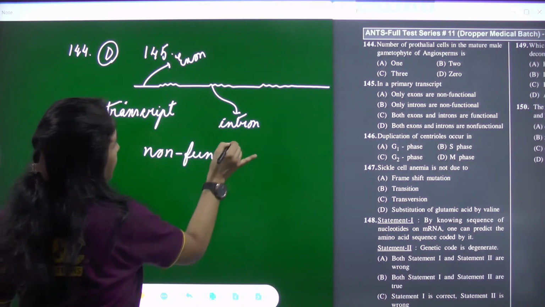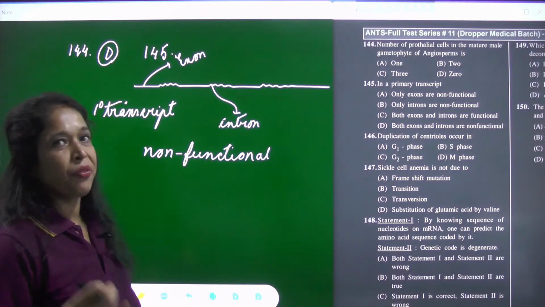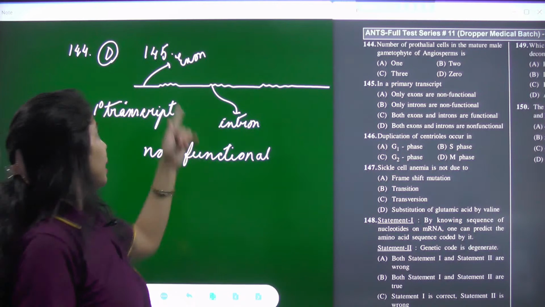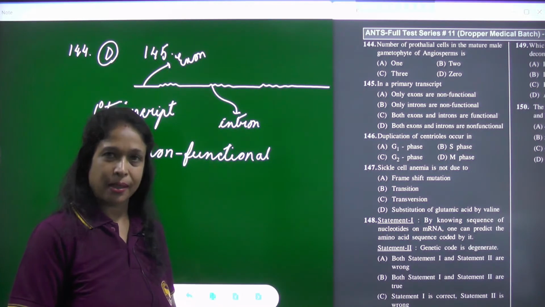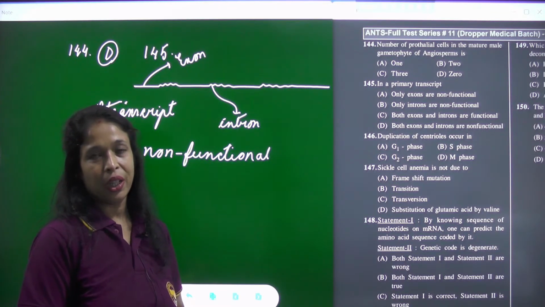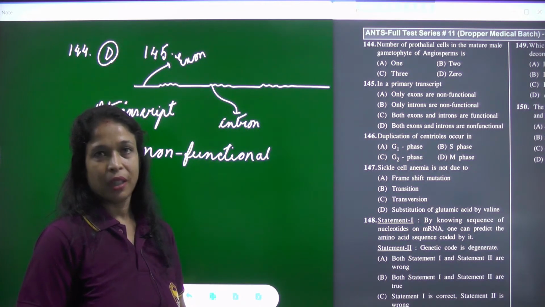Why? Otherwise we know that an exon can code for a specific amino acid. But why are they non-functional? It can turn functional only after the splicing process. Means post-transcriptional modification is required for the functionality of the exon sequences, right?